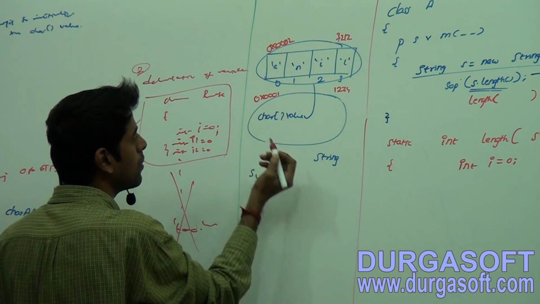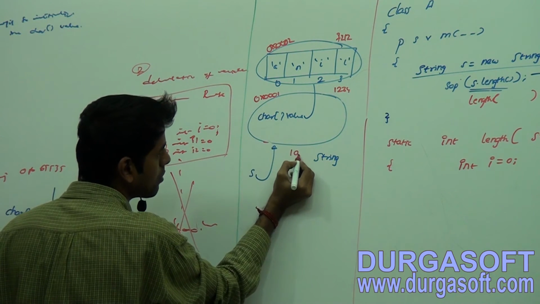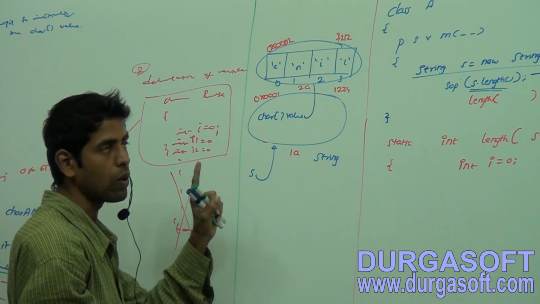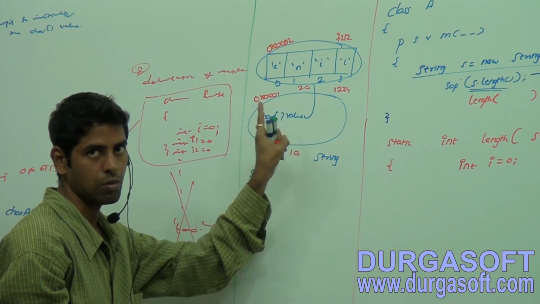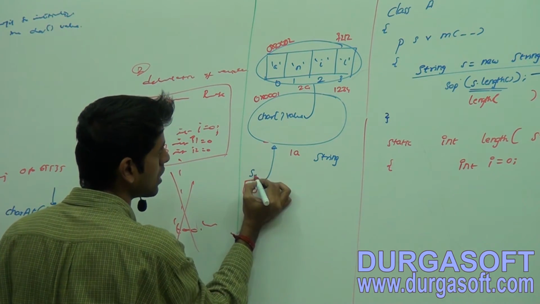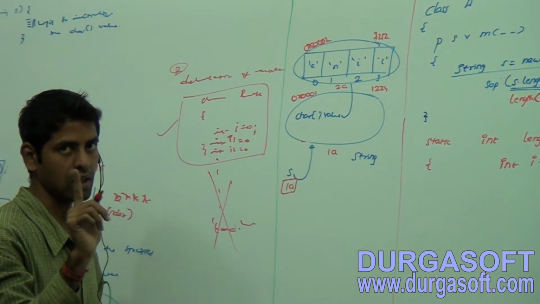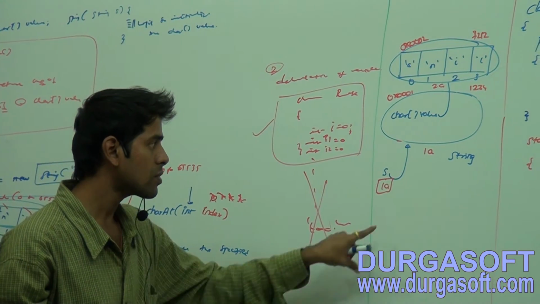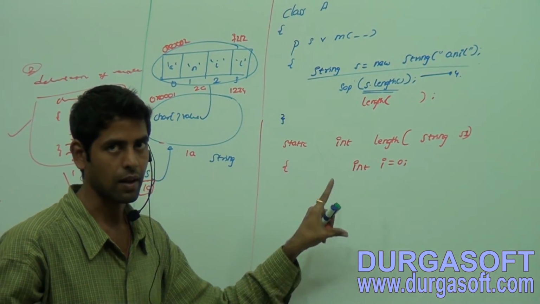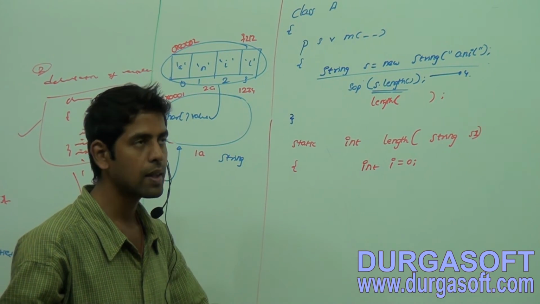Okay, now it will have the reference value, let it be 1a. Even this one will have the reference value. Why? Because it is also an object. Now that value only you are copying to s, so s is referring this object. Okay, now observe, I want to call this length method. How to call that length method?